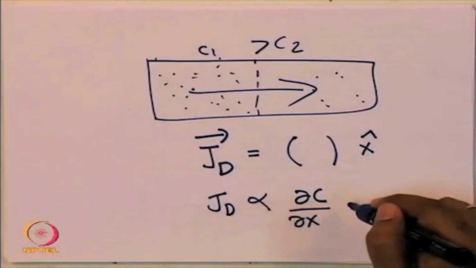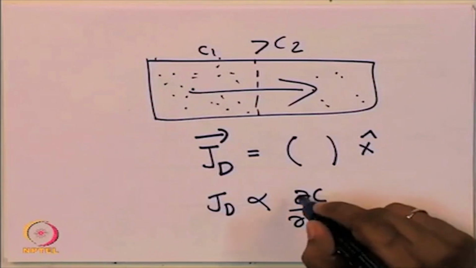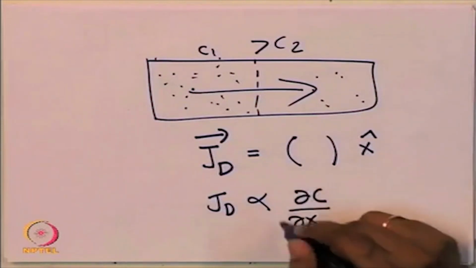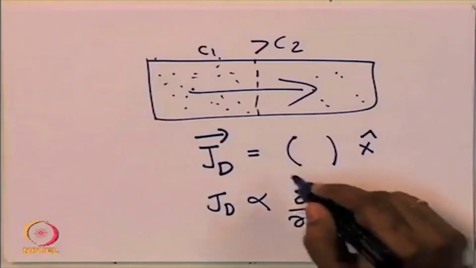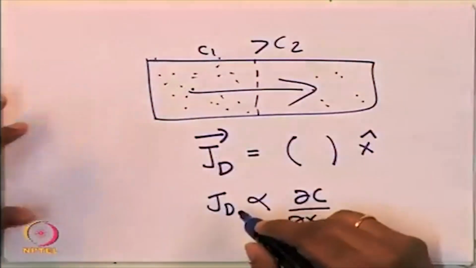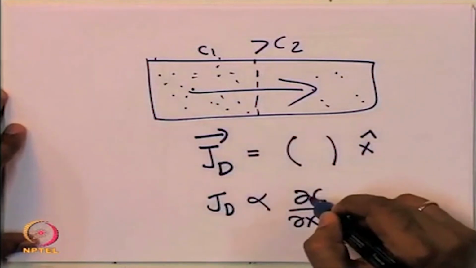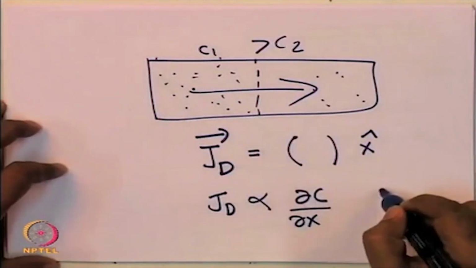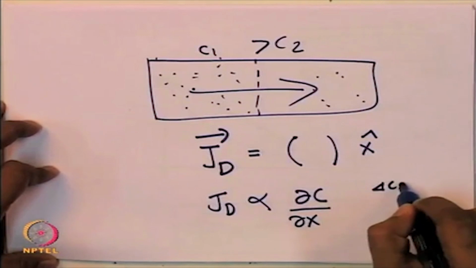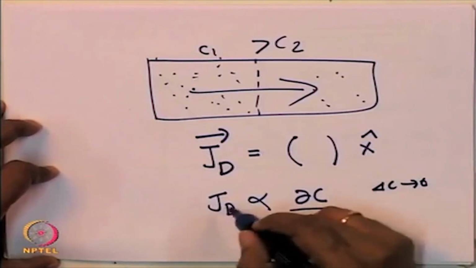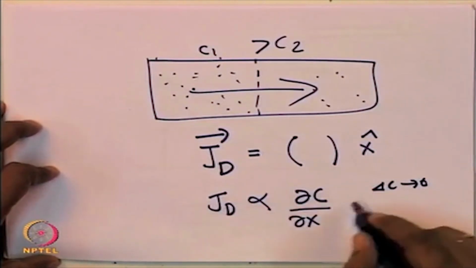This is clear, because if del c by del x is large, that means a huge difference in concentration, the flow will be more. If del c approaches 0, that means if delta c goes to 0, the flow will go to 0, right, that is clear.